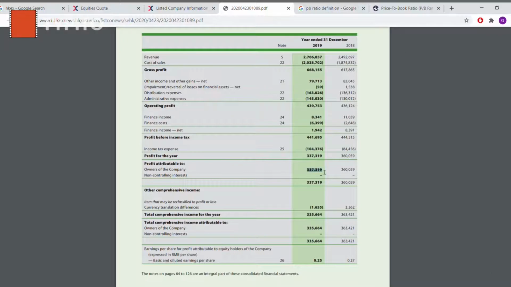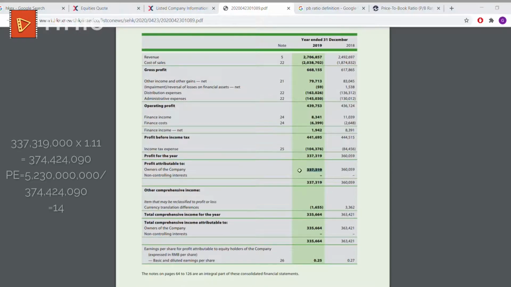And take note, it's net profit attributable to the owners of the company. We will need to less out the portion attributable to the non-controlling interest. In this case, there is no non-controlling interest, and hence it doesn't make a difference. So let's copy this figure over, 337319. Net income is 337319.